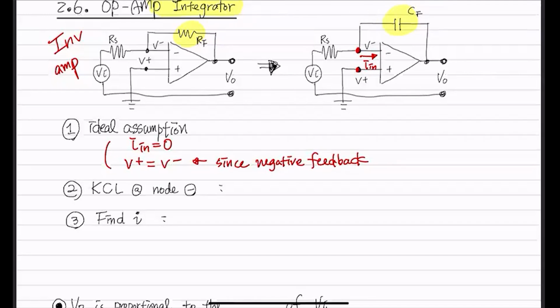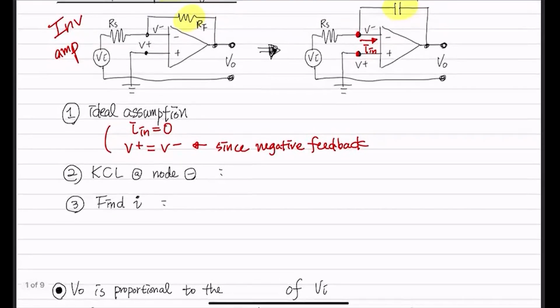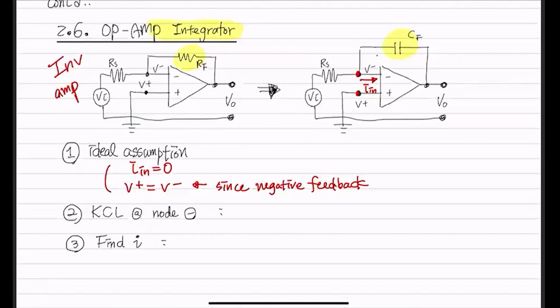And then we do the KCL at the negative node, which is here, right? And we have to then define the currents for that. And this is kind of generally how I define. That's IF, and this guy is IS. So from the source, it's flowing in, and from the output, there's a feedback current flowing in, then there's a current that goes into this input node.